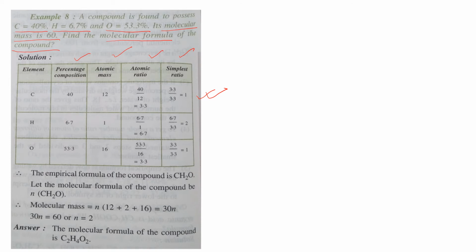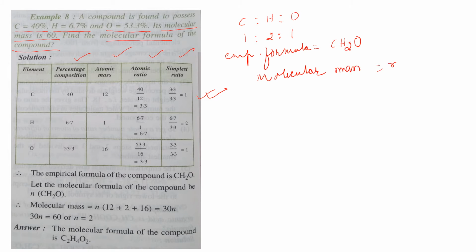So we are getting carbon, hydrogen and oxygen in the ratio 1:2:1. That means my empirical formula is CH2O. Now we know that molecular mass is equal to N into empirical formula mass.